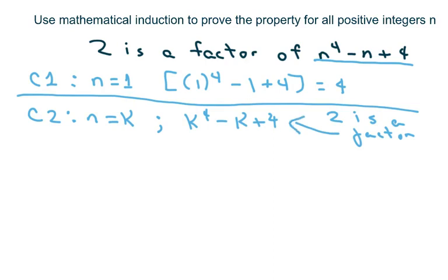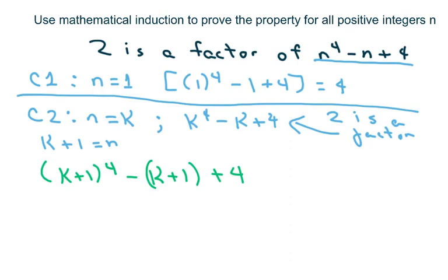Now we're going to check for k plus 1. And everywhere there's a k, I'm going to put k plus 1. Now on this one, I'm just going to use my binomial theorem, or you can use Pascal's triangle.